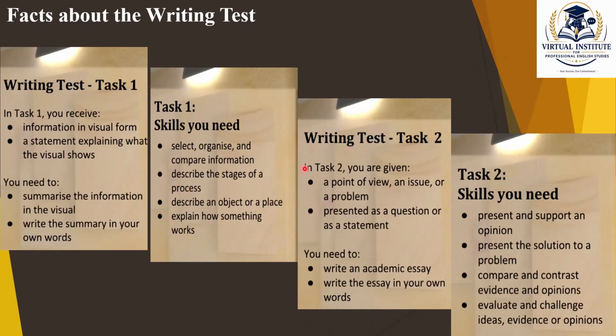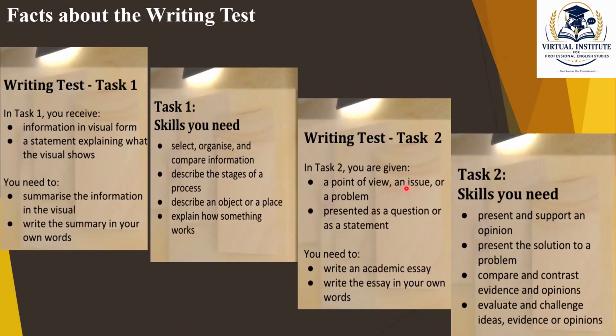In task two, what you have to do is you are given a point of view, right? Point of view of someone. For example, Pakistan is not a good country. This is what we call a point of view. It is personal, right? Or an issue, for example, an economic issue in this country. So you will have to talk about it, right? Or a problem.